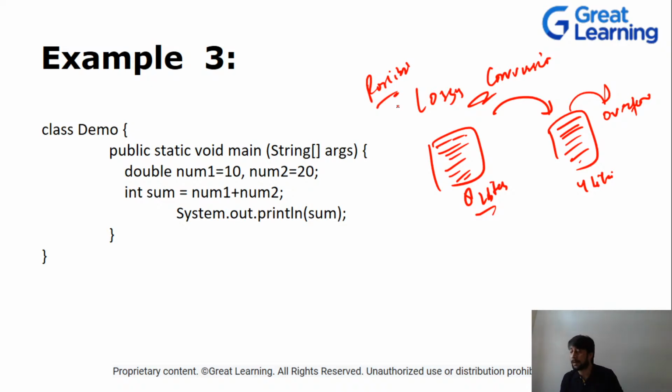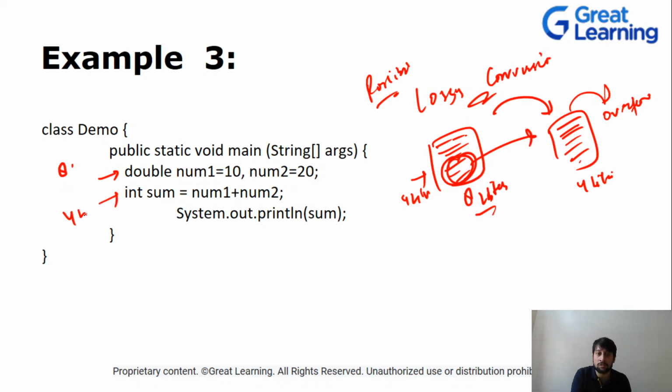Now, why possible? Because there can be a case wherein in this 8 liter container you have only occupied 4 liters of water. You have only stored 4 liters, and in that case, there will not be an overflow. That is why it is a possible lossy conversion. The size of double is much more, somewhere around 8 bytes of data that you can store in a double, and in integer you can store 4 bytes.